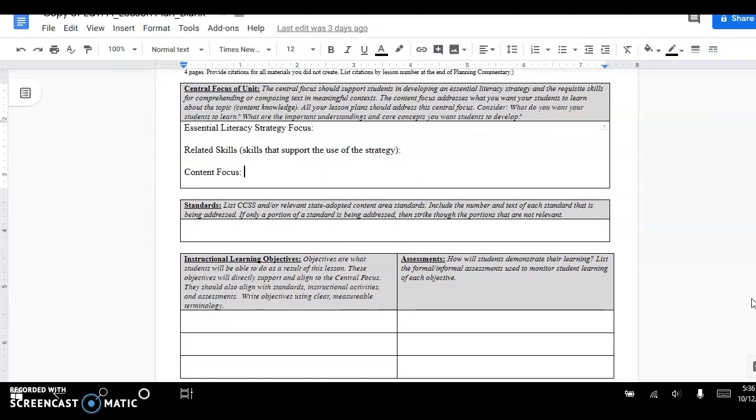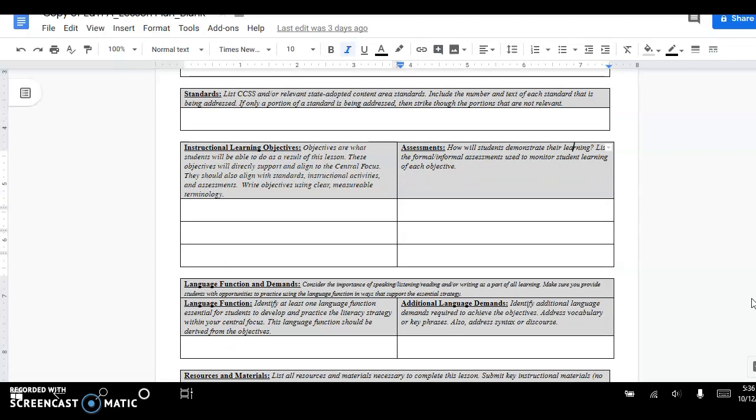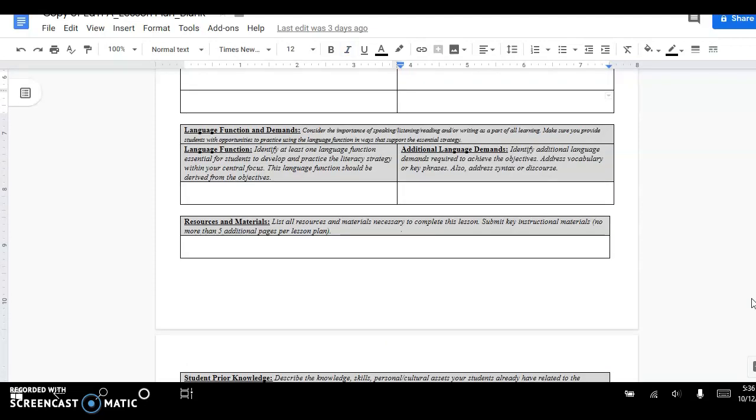And something that I've been looking at and trying to decide, like, how I'm going to go about doing this lesson plan is the central focus. And I feel like your central focus is basically what you want your students to be able to do by the end of the lesson, and that goes hand in hand with your language function, which is down here with language function and demands.